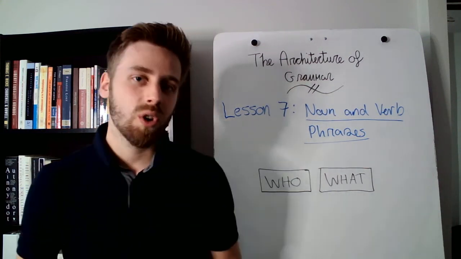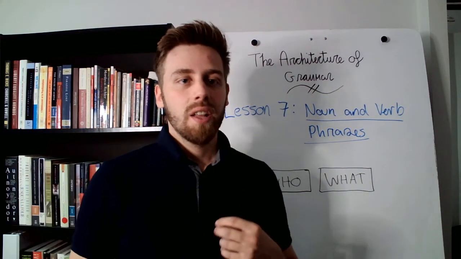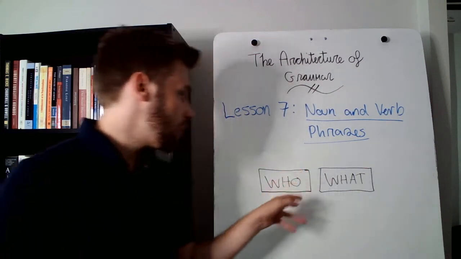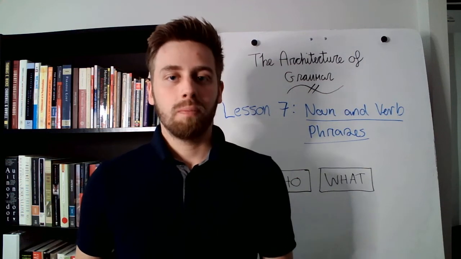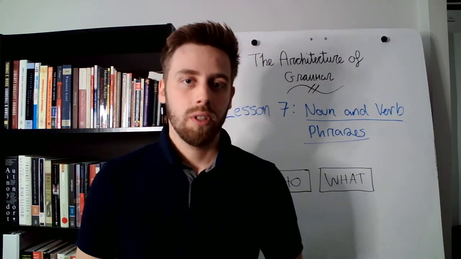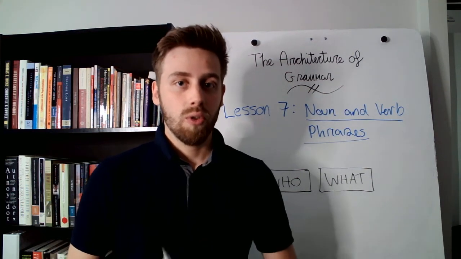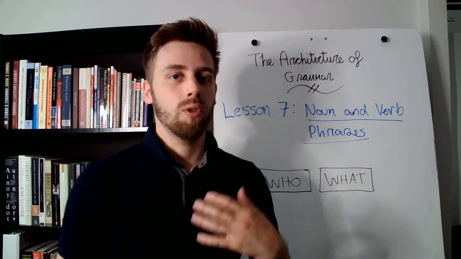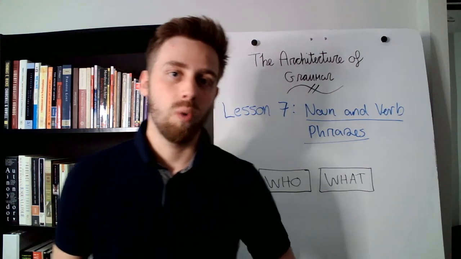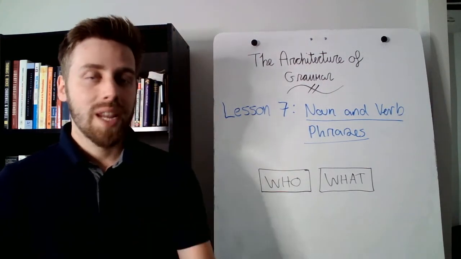So in this video, we're going to talk about the fact that when it comes to the who and the what, oftentimes parts of speech just aren't enough to convey meaning. In other words, words on their own aren't enough to convey all the meaning we need, and so we often use phrases.